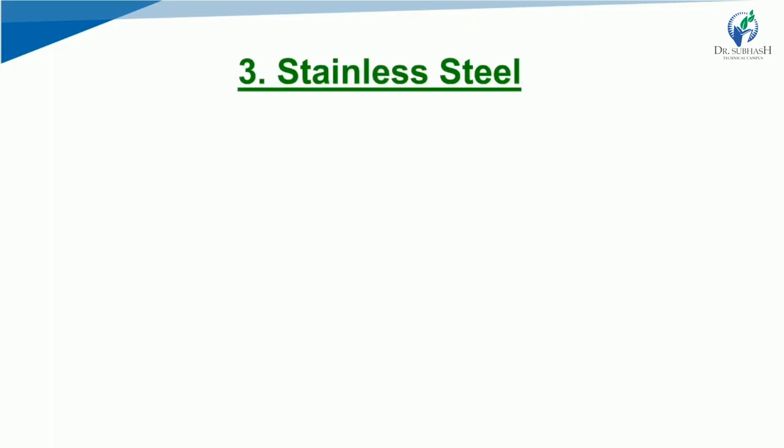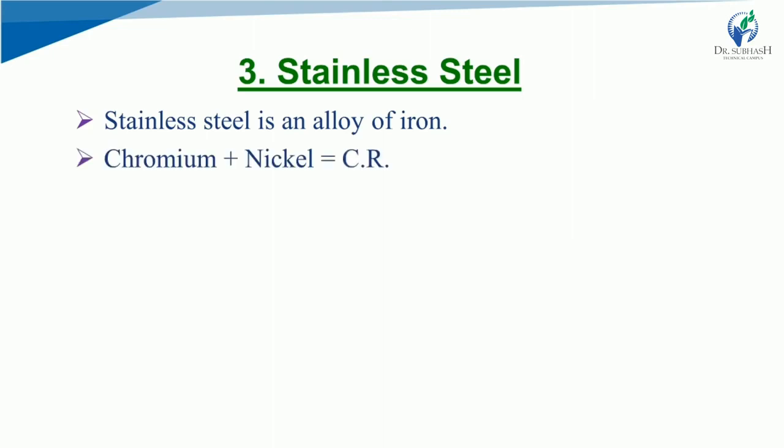Now comes the main and most important one, that is stainless steel. It is also a type of alloy of iron, chromium plus nickel, which means it has Cr. What do you mean by Cr? If you want to see, you can check back later. Cr is corrosion resistance.